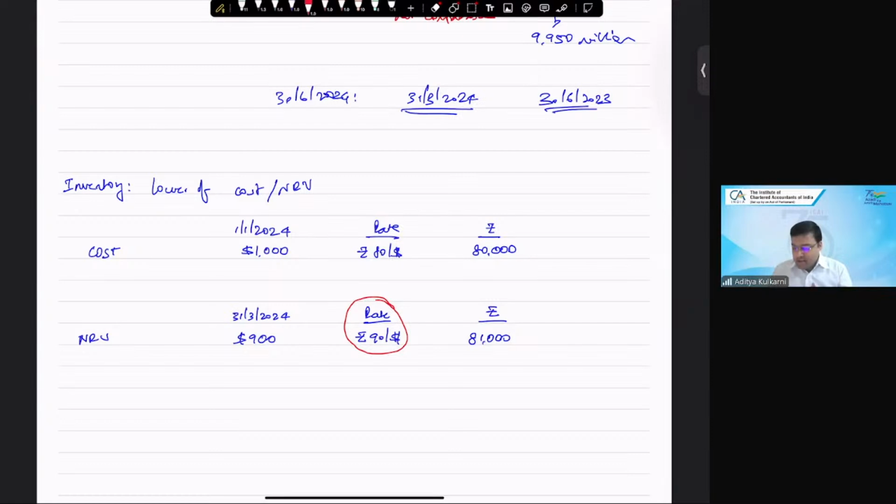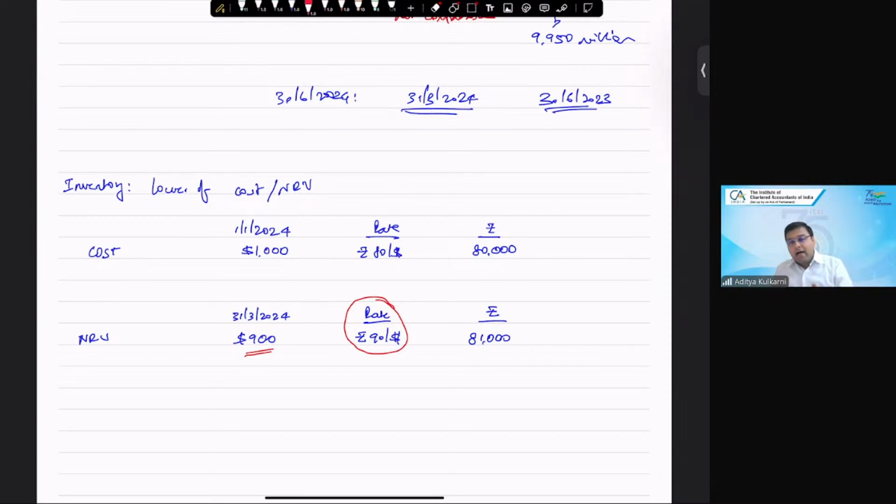No, this is a valuation as at the reporting date. I have to do an NRV testing of my inventory. My NRV was 900. Now I found out the NRV at the reporting date, which is why I am applying the exchange rate at the date of valuation. Is it okay?